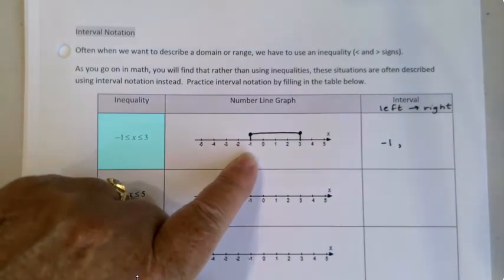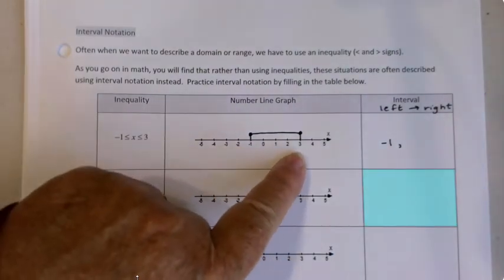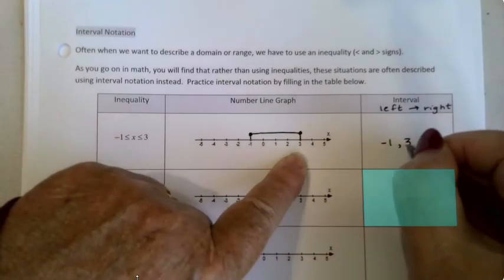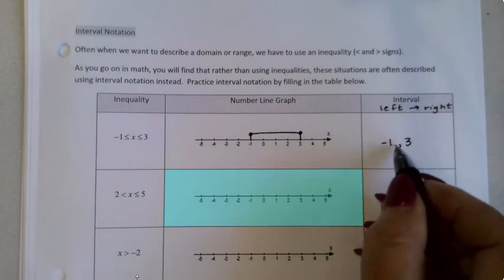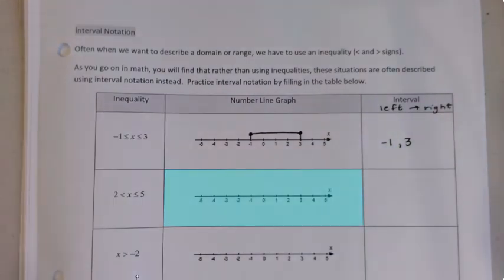We then use a comma and our rightmost value, +3. Automatically, with interval notation, we assume that all of the values continuously, including fractions and decimals, are allowable between the left and right, the -1 and the 3. You would not use this for a discrete situation, just for a continuous one.